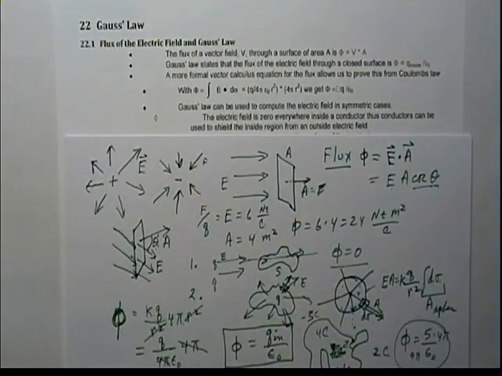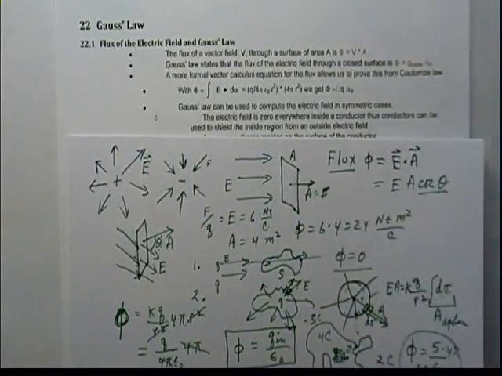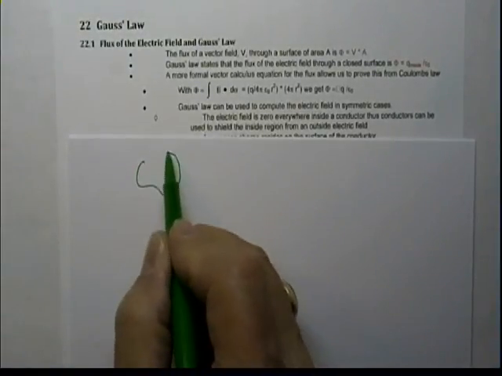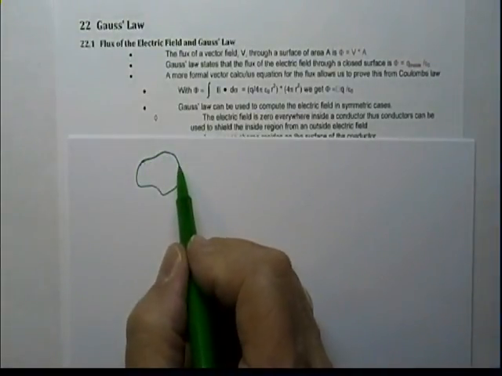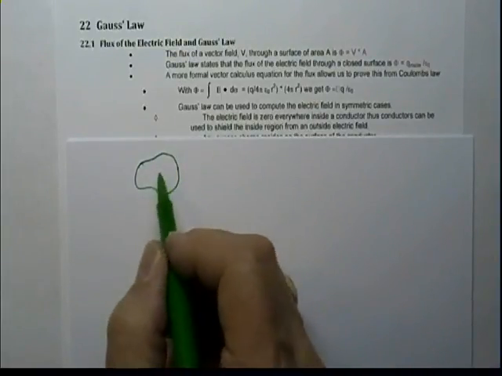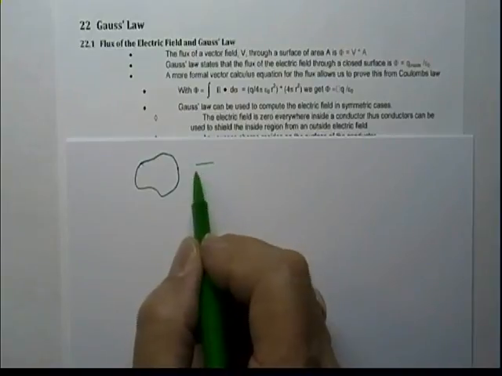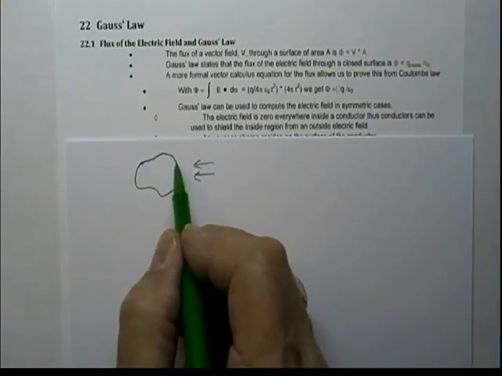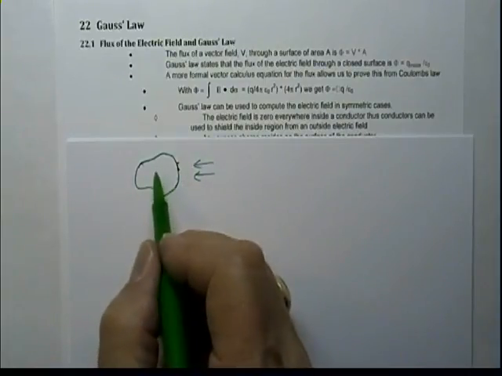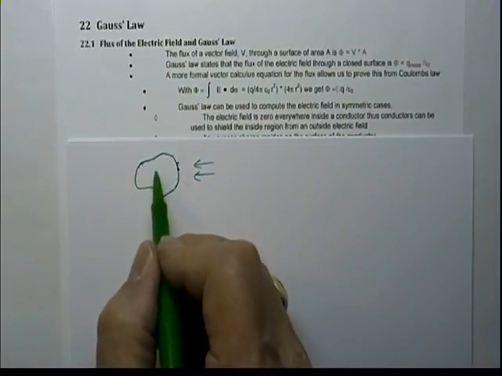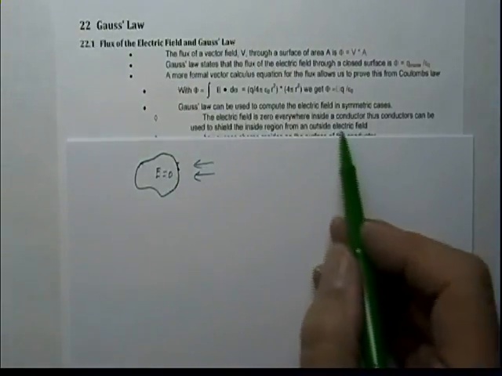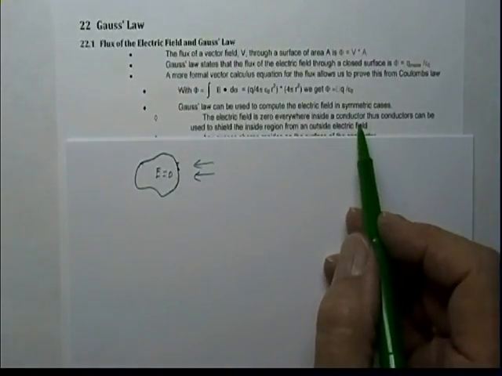So if I have a conductor here, now this is not an imaginary surface, but a conducting surface, like a sheet of copper, then any electric field that we have outside is shielded, and the charge will build up here to compensate for that electric field. And so inside, the electric field is equal to 0 anytime that we're inside a conductor.